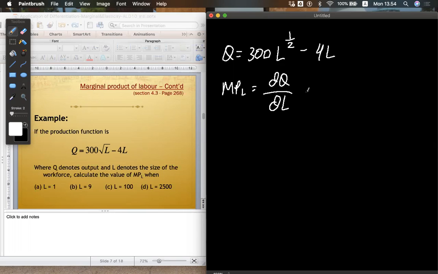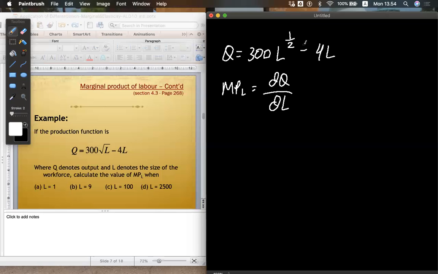So back to this case. The marginal product of labor equals dQ by dL. In this case, we are not talking about regulation, but we are talking about the production output that changes because of the labor change.